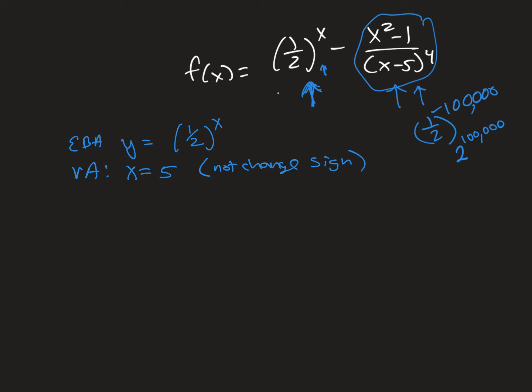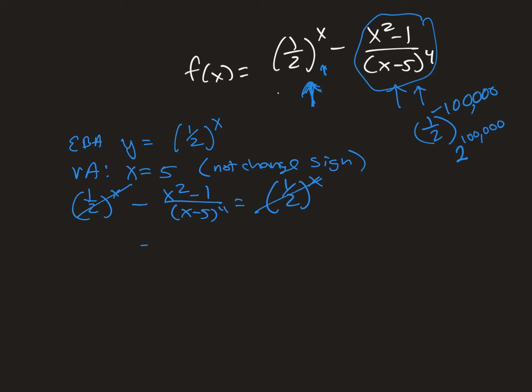So now another question is, does this intersect the EBA? And to figure that out, this graph is in a perfect form to determine that. I'm going to set the original function equal to the EBA, because again, we want to see, does it ever cross? Well, when that happens, this piece goes towards 0.